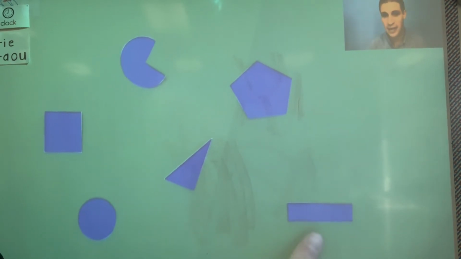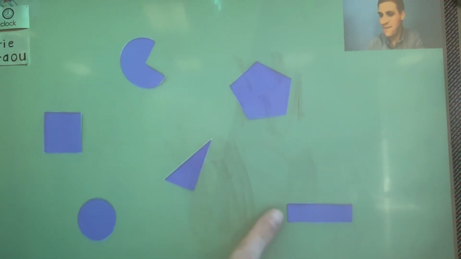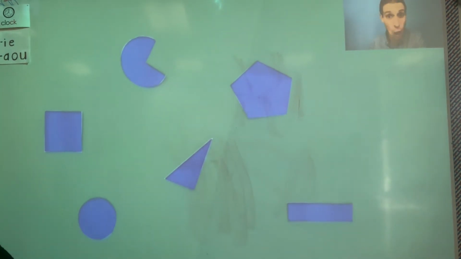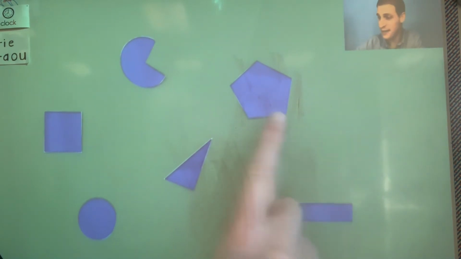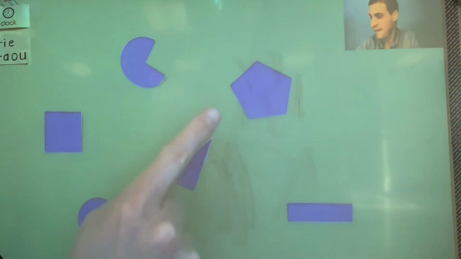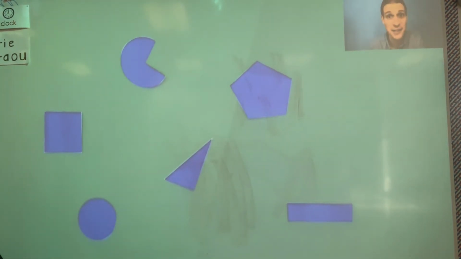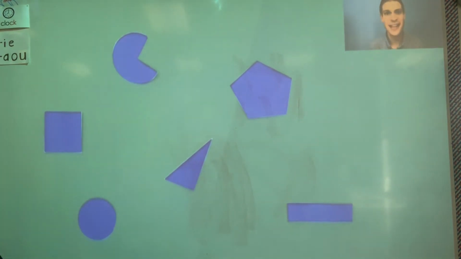Look at this one. 1 side, 2 sides, 3 sides, 4 sides. And look, this one has 5 sides. 1, 2, 3, 4, 5. 5 sides. Another one of my friends said, look, Mr. Hammer, one of them looks like it's missing a piece. Look, it's missing a piece. Yeah, that's an interesting shape, isn't it?